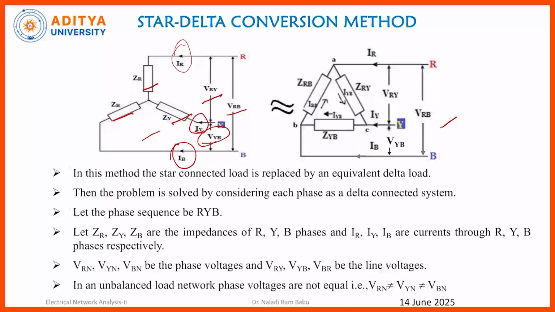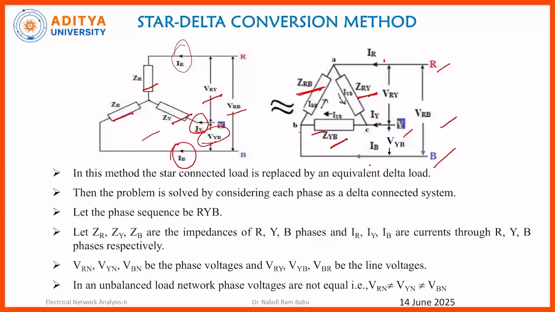Now we are converting this star connection to a delta connection. The delta connection is in triangle form, and it contains the R phase, Y phase and B phase. Here IR, IY, IB are the line currents as well as the phase currents, because in a delta connection line current is equal to phase current. ZRB is the impedance across the R and B phases, ZYB is the impedance across the Y and B phases, and similarly ZRY.